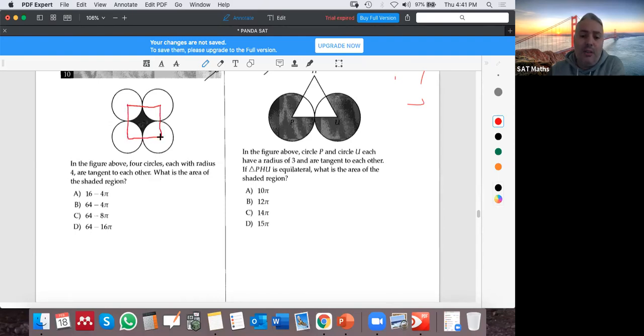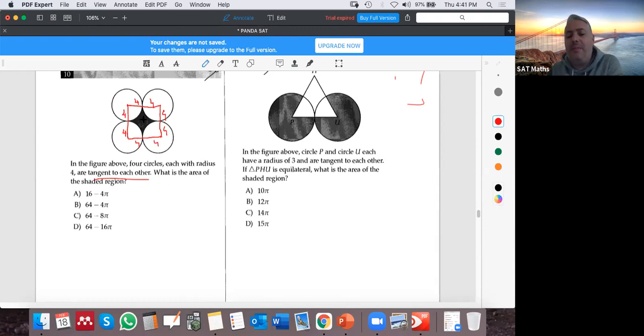Probably this kind of question is always drawn this way. This is experience, but I can say 4, 4, 4, 4, 4, 4, 4, and 4. And they are tangent to each other. For that reason, I directly draw it, okay? If it's tangent, it's fine. What is the area of the shaded region?